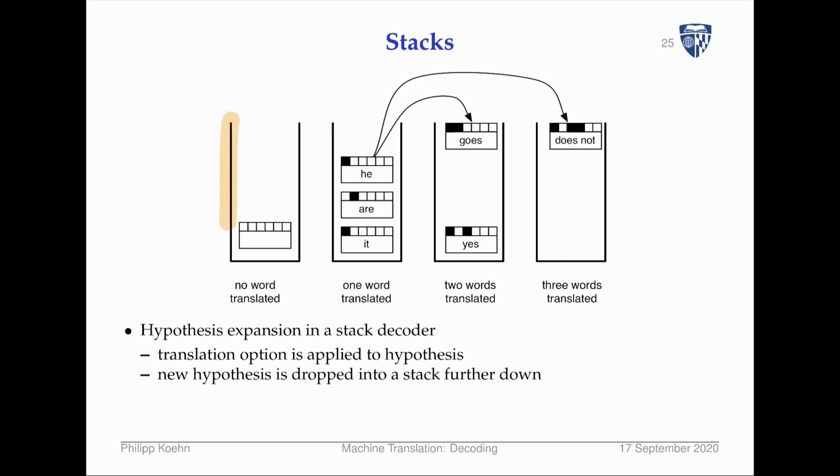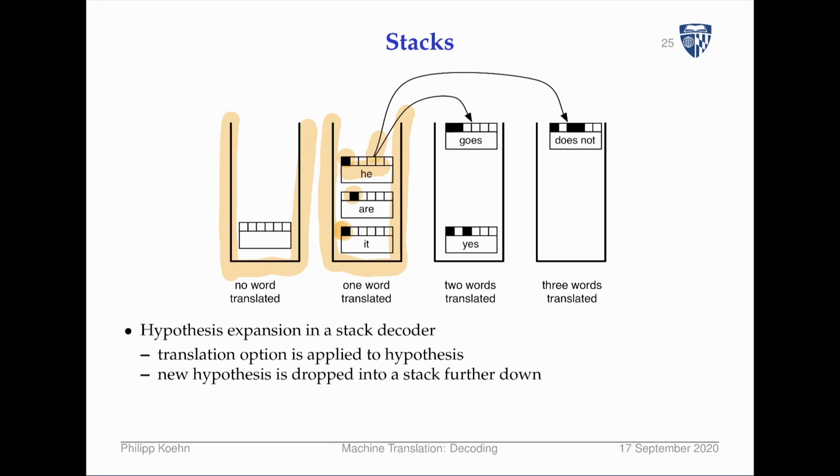This is the first stack, which has no word translated, so that's not really a stack. This is a stack that has all the hypotheses that have one word translated. It doesn't matter which one, so it might be the first word or the second word. So when we start translation, and actually this is an example of how translation happens, translation happens by taking one of these hypotheses and expanding it in all possible ways.